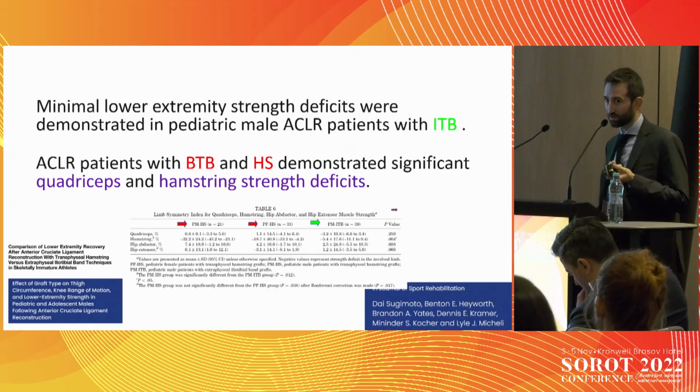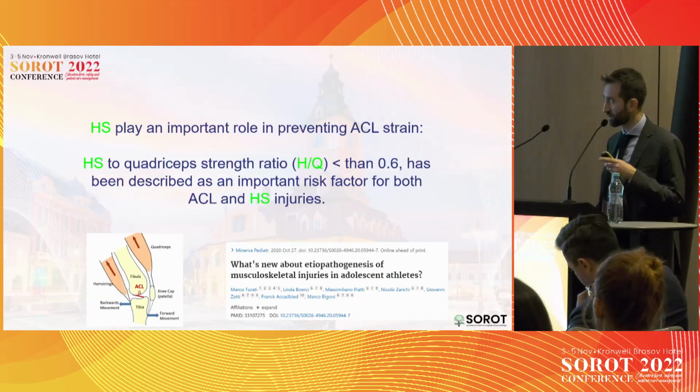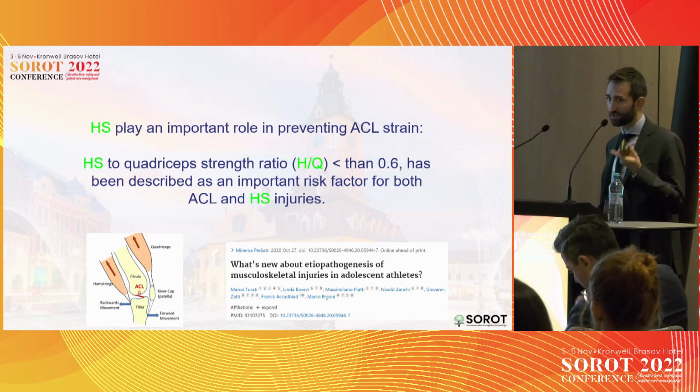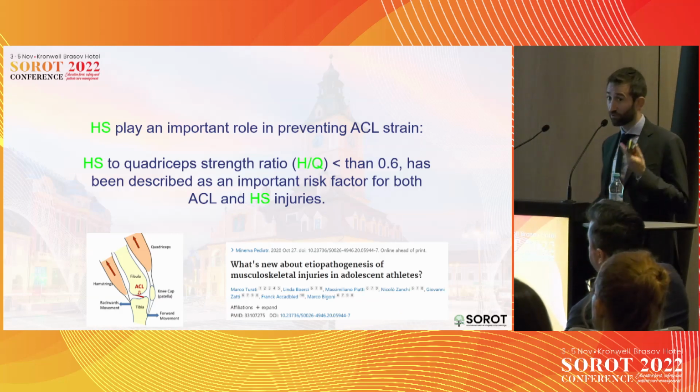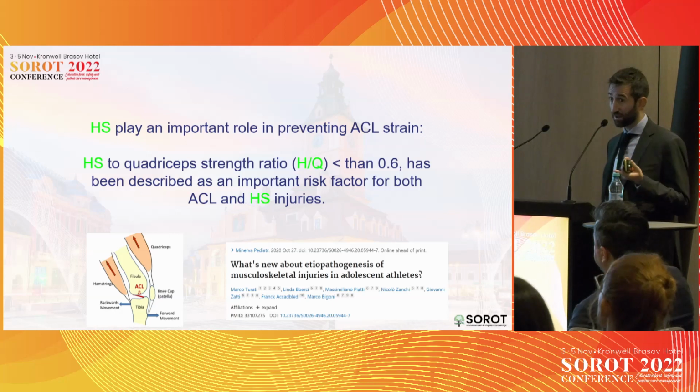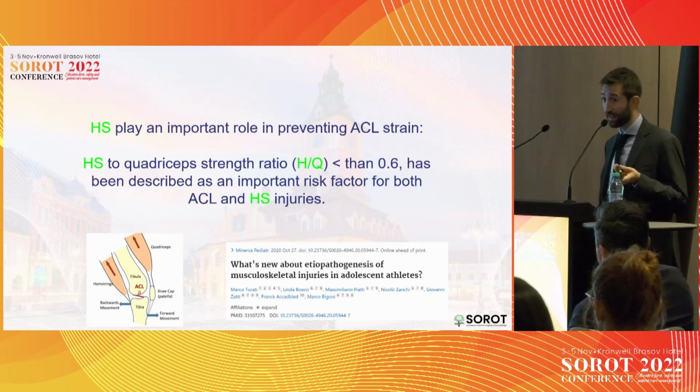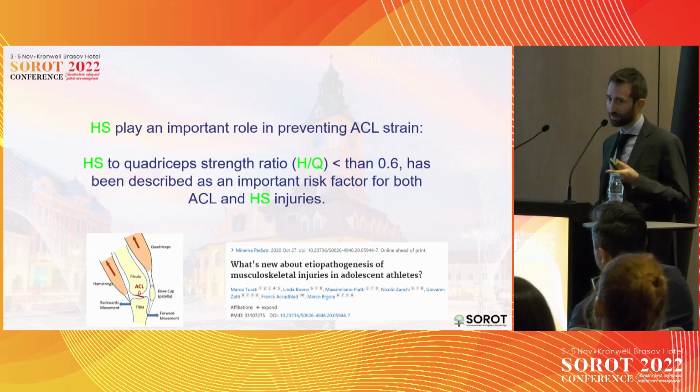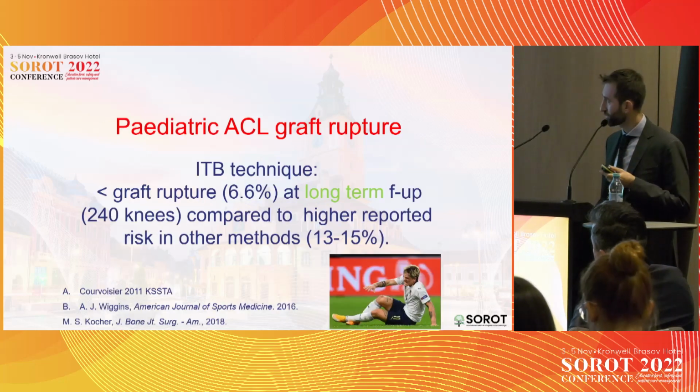And why is this point important? Because the hamstring-quadriceps ratio is a risk factor for ACL re-injuries and for hamstring injuries in children and adolescents, not only in adults. So considering whether or not to touch the hamstring may be a good point.